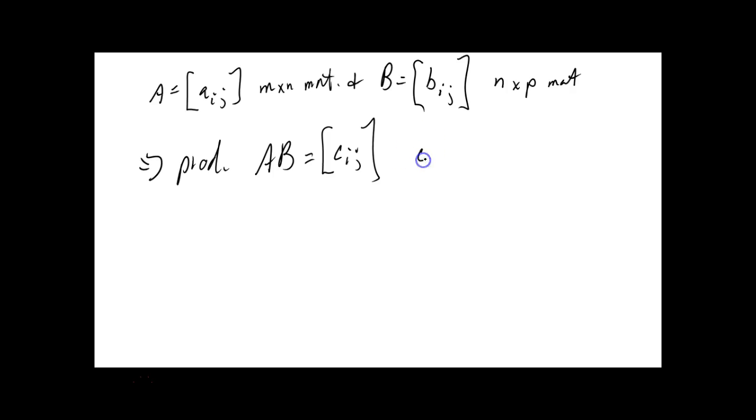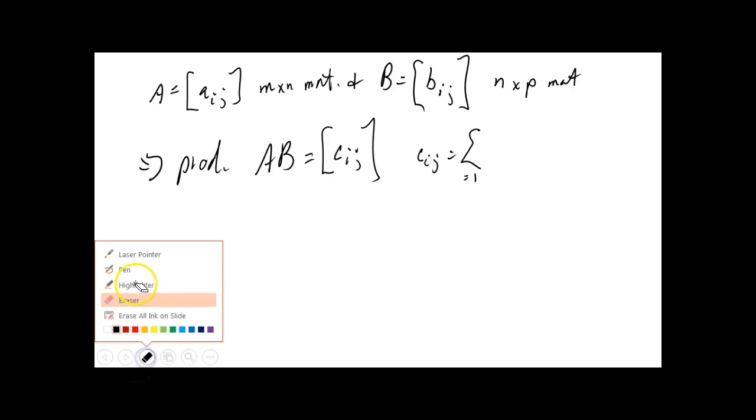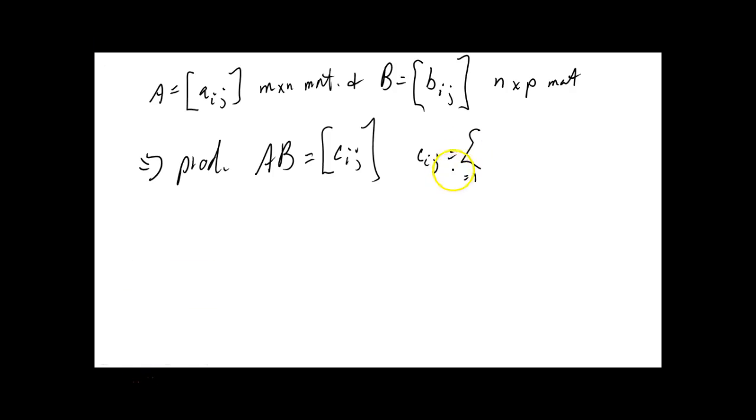Where Cij is, this is written in math speak, the summation from, no, K, I'm sorry, you can't do that with I. You could do it a little bit differently, but K is equal to 1 to N, okay.